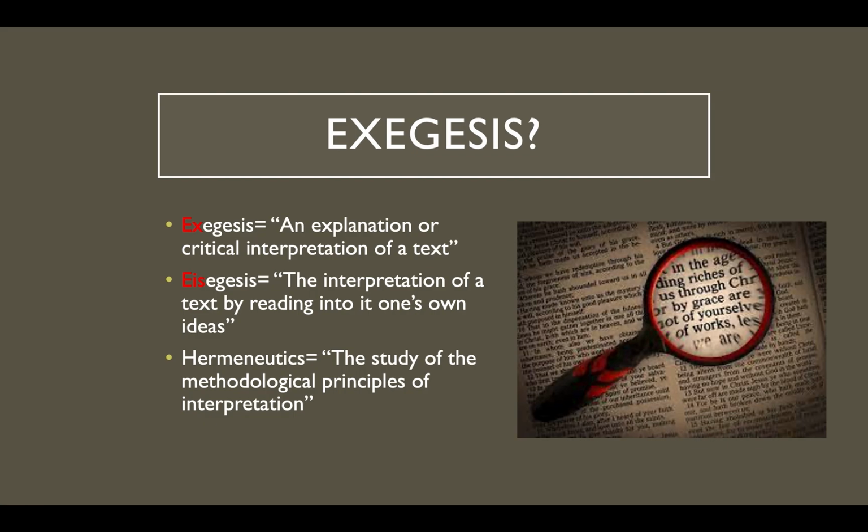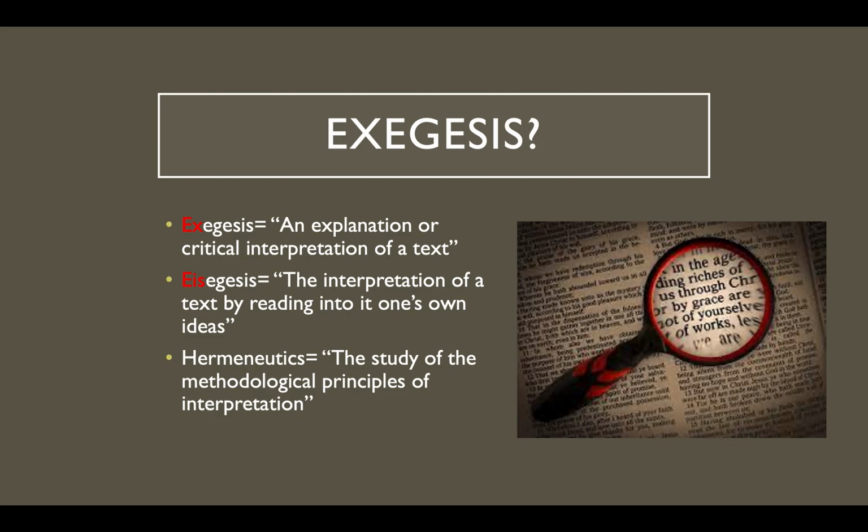I want to focus on the prefix "ex" there. Exegesis is an explanation or critical interpretation of a text. Whereas eisegesis is the interpretation of a text by reading into it one's own ideas.